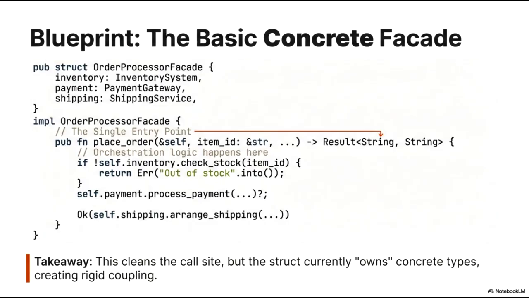By encapsulating the orchestration logic, such as checking stock, processing payments, and arranging shipping, the facade abstracts away the underlying complexity, providing a much cleaner interface for the call site. However, as noted in the takeaway, this specific implementation introduces rigid coupling. Because the struct directly owns these concrete types, the components are tightly bound together, making it difficult to swap implementations or use mocks during testing.